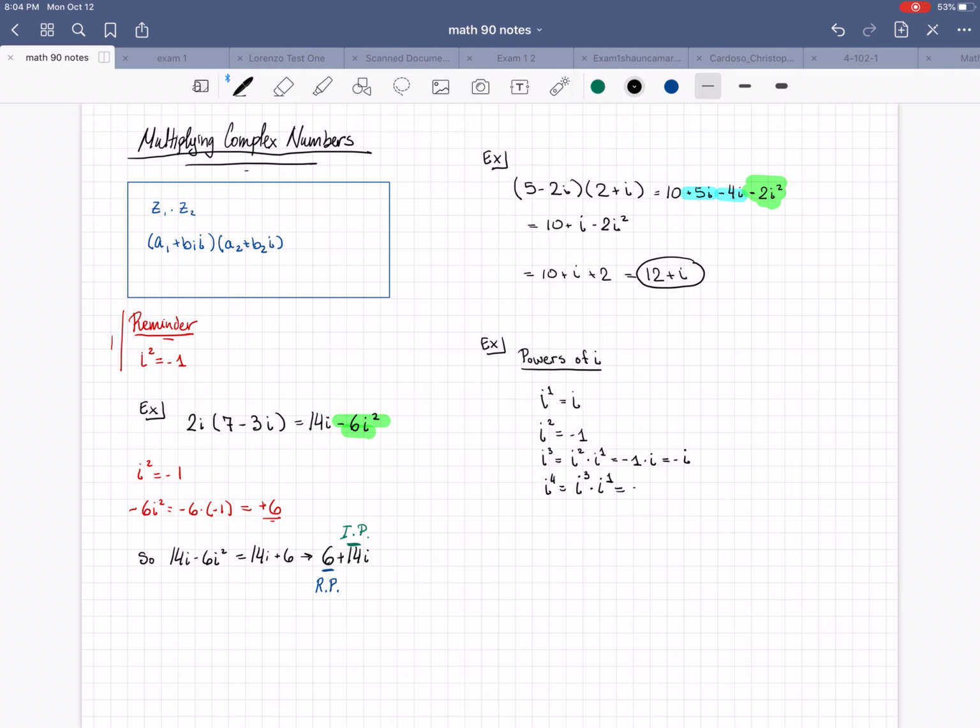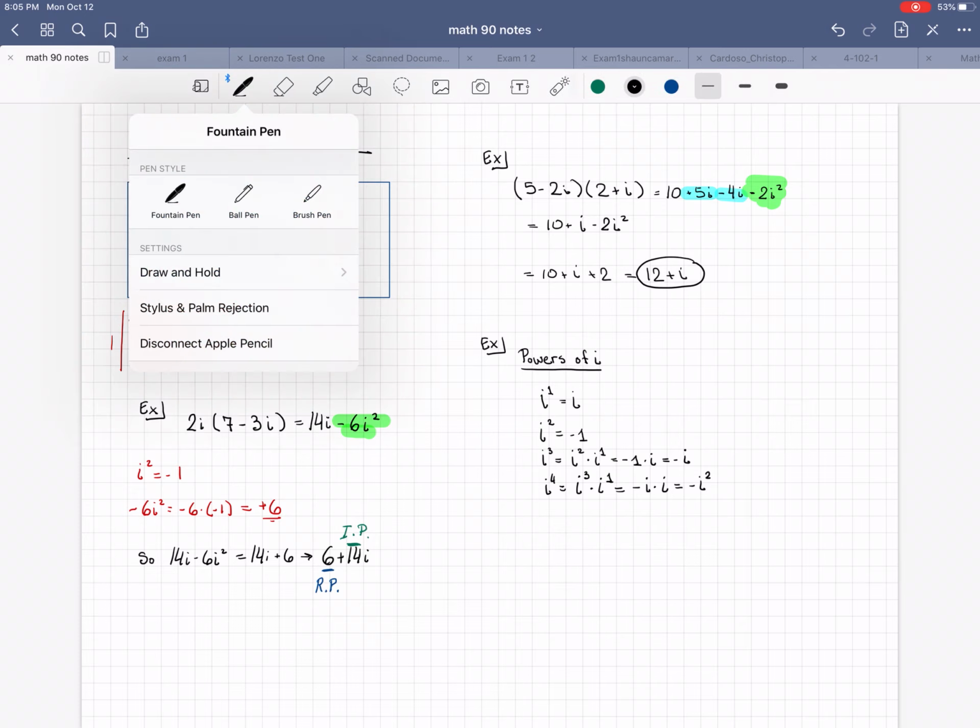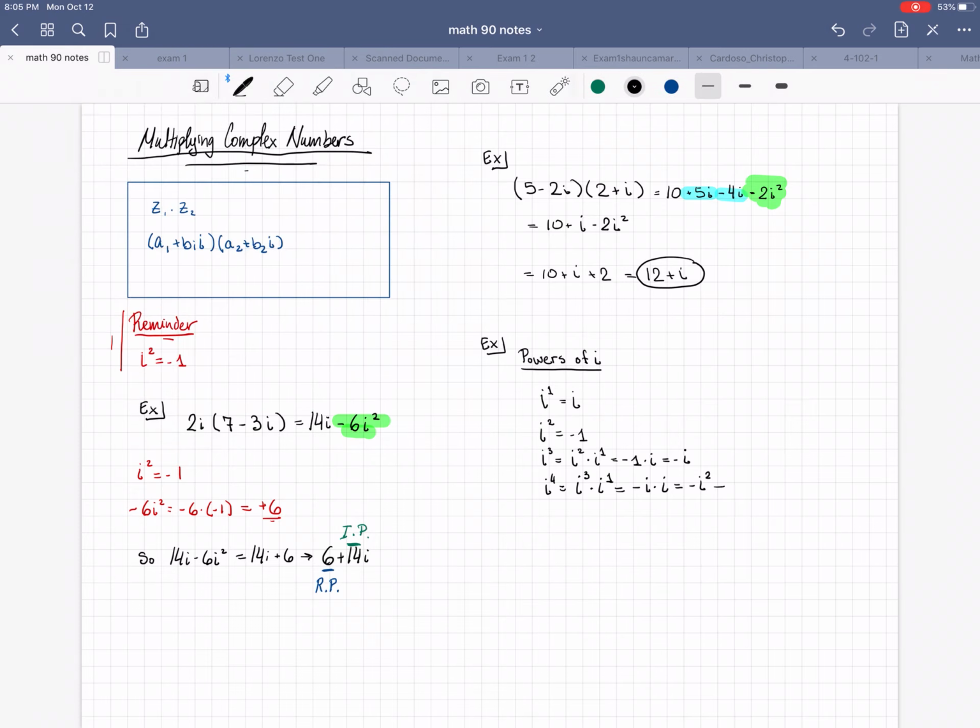And we know, because we just did it, that i cubed is negative i. So that means i to the fourth is the same thing as negative i squared. i squared, though, is negative 1. So that means that i to the fourth is just 1.